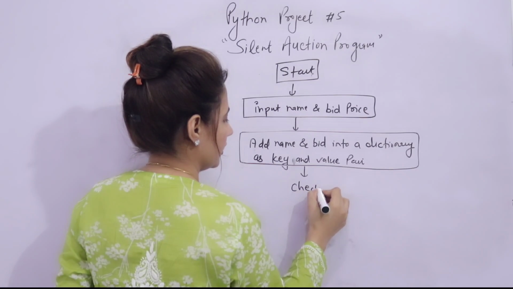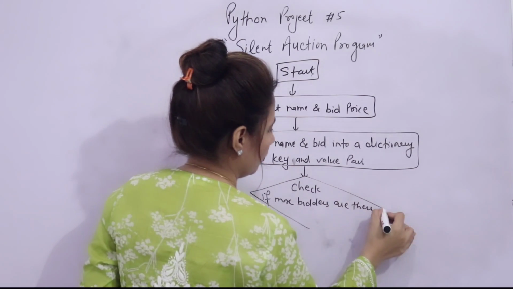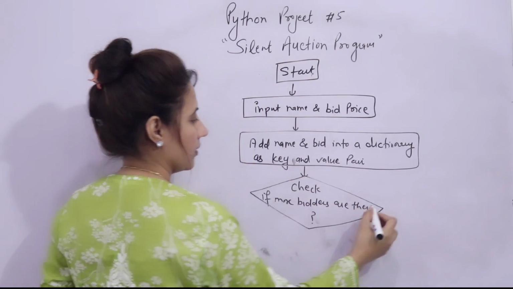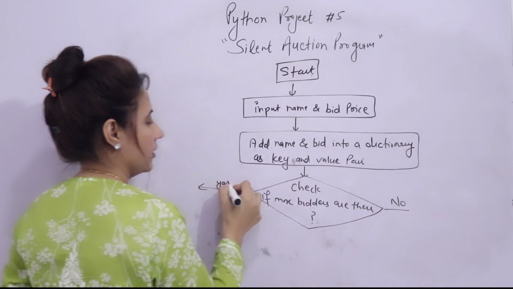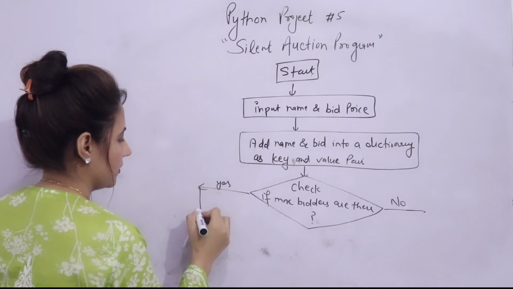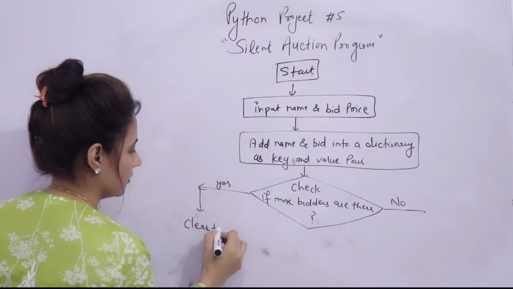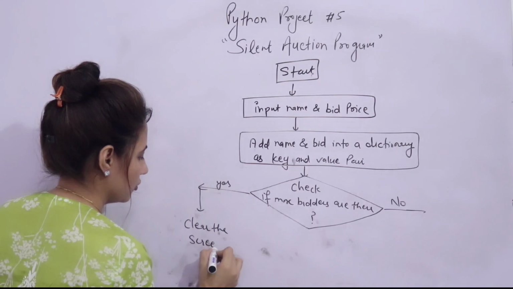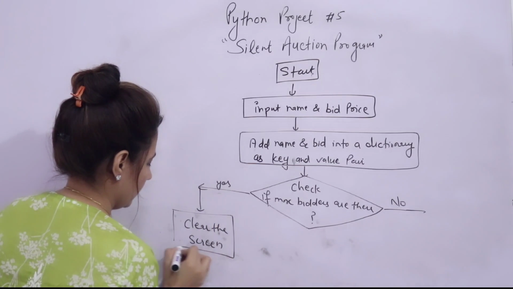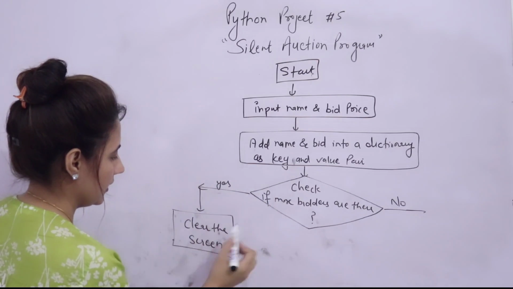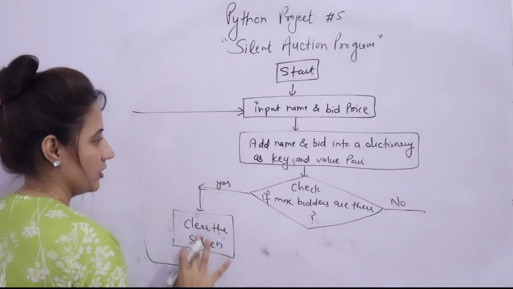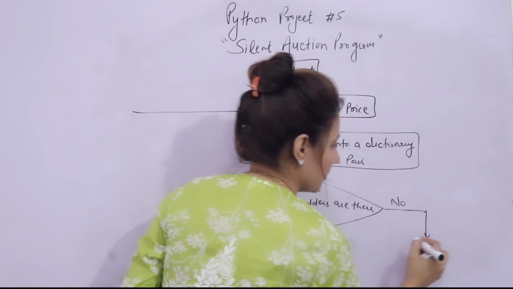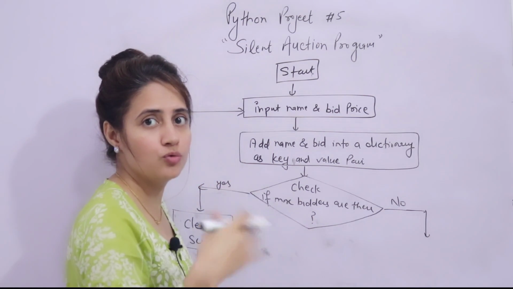So one condition we will check is if more bidders are there. 2 cases, no or yes. If yes, then first clear the screen so that no one can see the other person's bid price. Clear the screen and then again input the name and the bid price, and the same process.